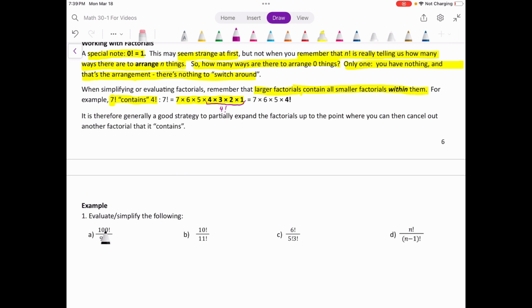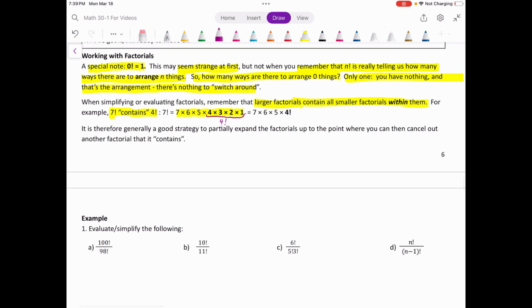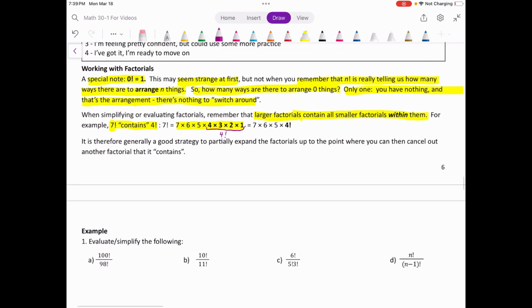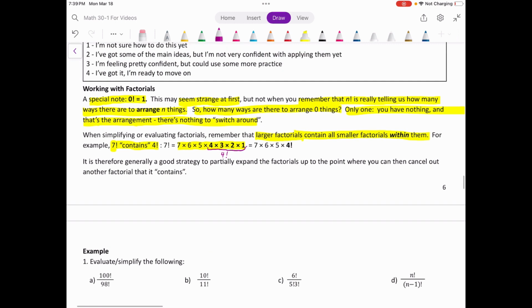But 100 factorial contains 98 factorial. So if we expand this out a little bit, we might be able to cancel 98 factorial out. We might have a 98 factorial over a 98 factorial and some other stuff going on. Whenever dealing with factorials and needing to algebraically analyze them, that is often the step that we need to take, at least at some point in our simplification or solution, okay?